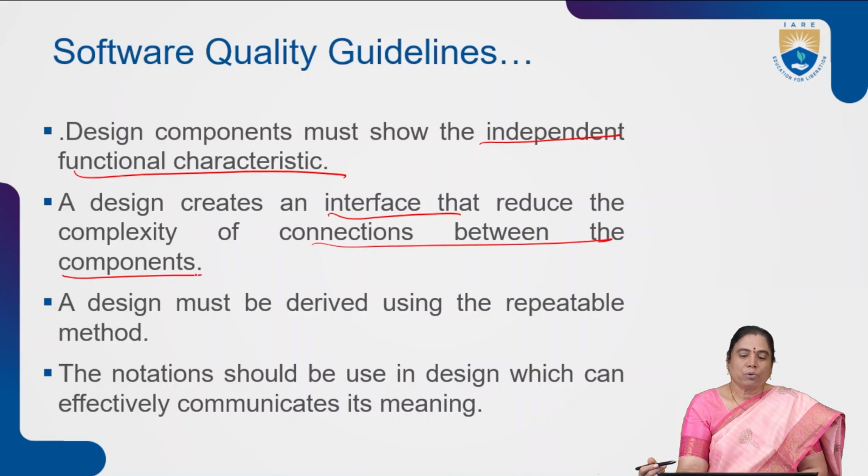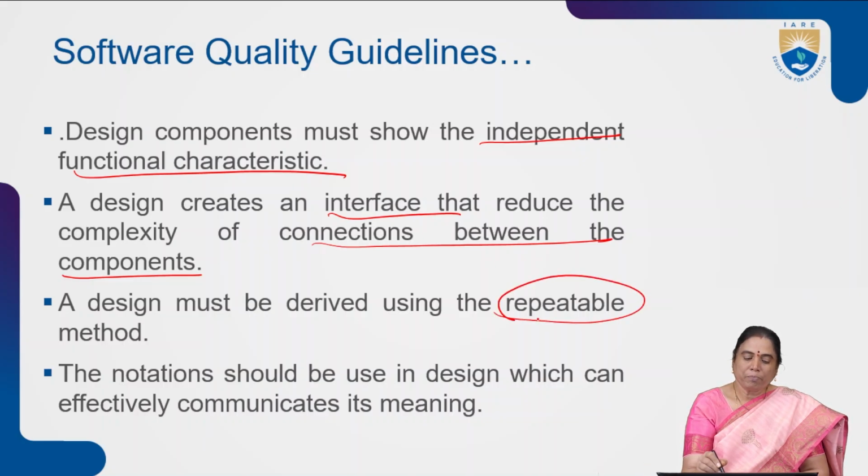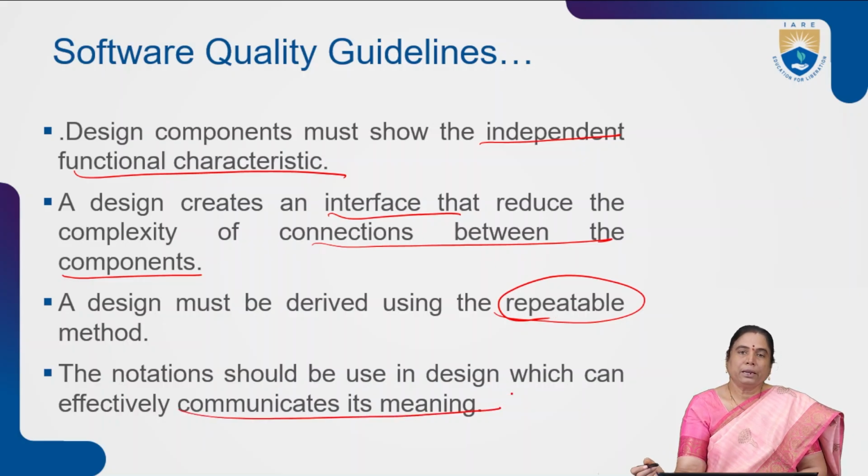So how stakeholders can access the functionality through interfaces is designed and concentrated on in the design. It is one of the software quality guidelines. A design must be derived using a repeatable method. The notation used in design should effectively communicate its meaning.